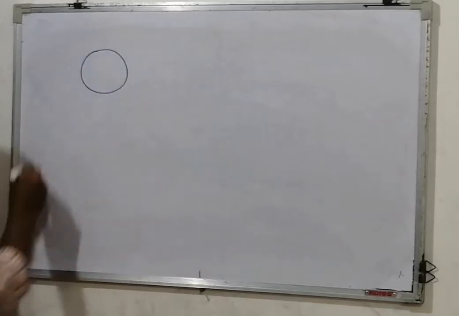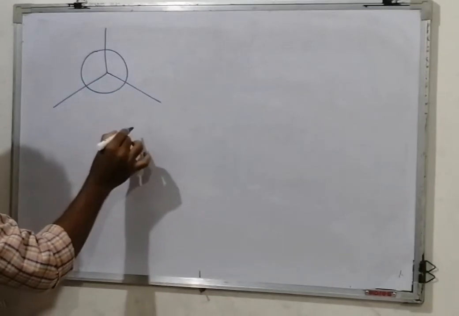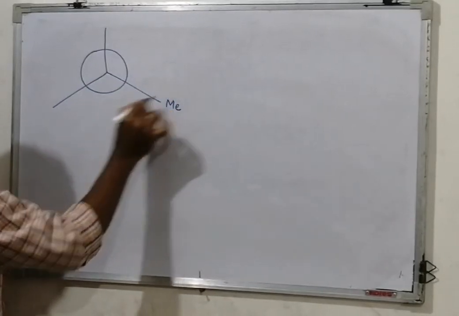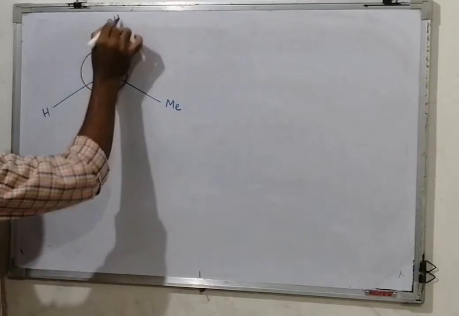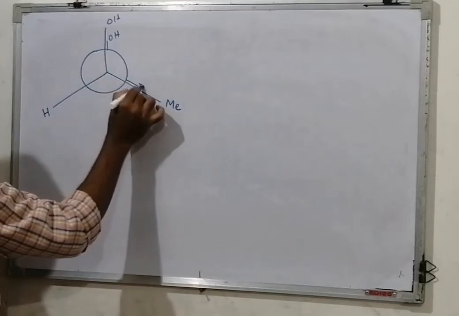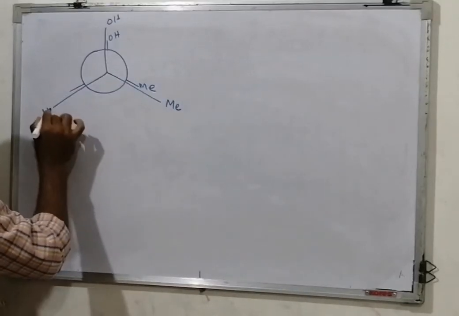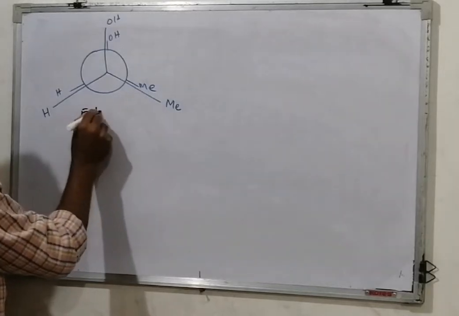Draw the Fischer projection of Me, H, OH, OH, Me, H. This is nothing but staggered. Sorry, eclipsed. I'm really sorry, eclipsed.